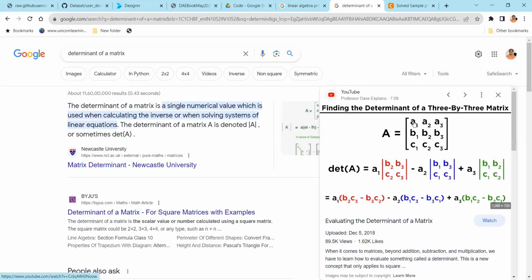You fix the first element, and when you fix it, that entire row and column is ignored. Then you multiply the main diagonal elements and subtract the other product. Again, if I take you to Paint, we'll try to do it.